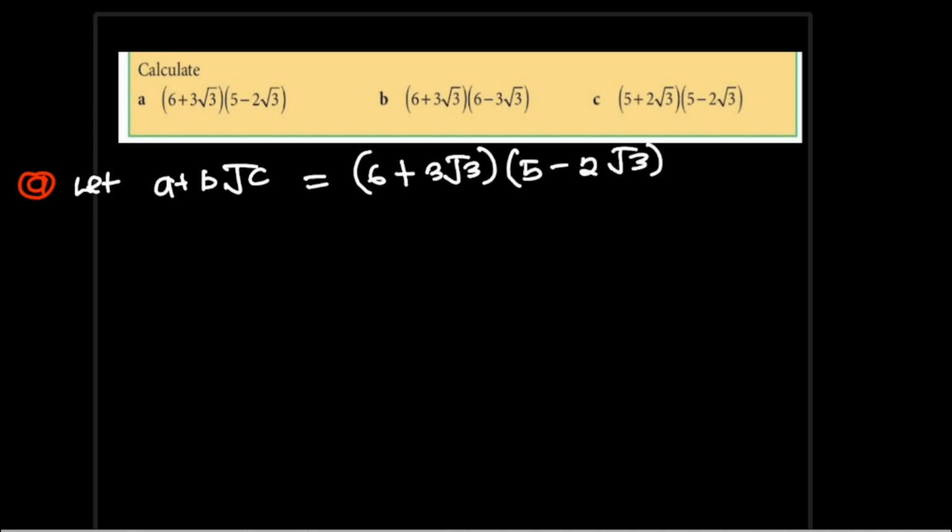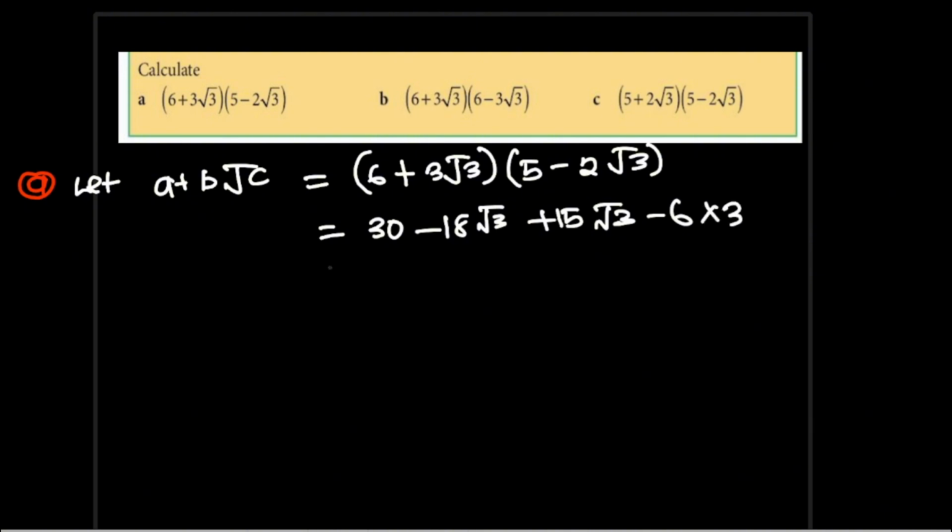So we're going to open the parentheses and then equate to what we have on the left hand side. 6 times 5, that will be 30. 6 times 2, that will be 12 root 3, and then we have root 3 times 5, that will be 5 root 3, and then root 3 times 2 root 3, that will be 6.